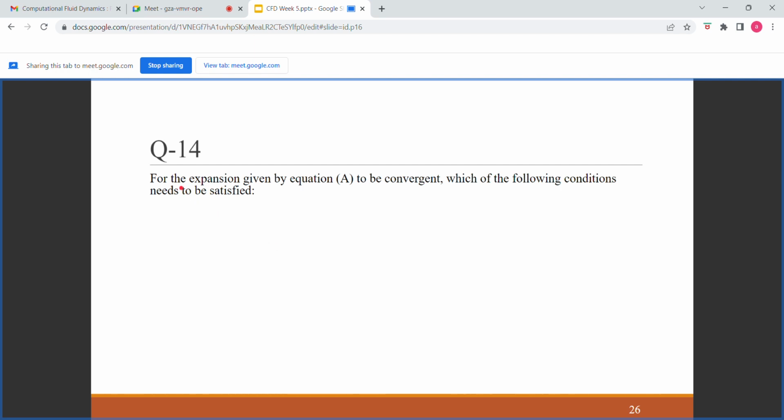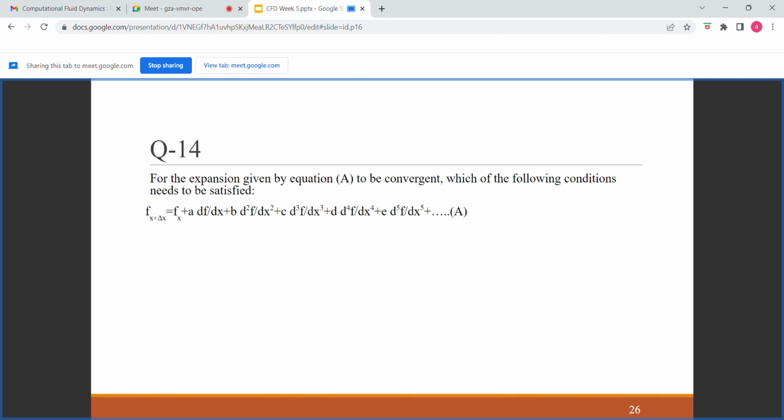For the expansion given by equation A to be convergent, which of the following conditions needs to be satisfied? Equation A is f of x plus delta x equal to f of x plus a df by dx plus b d square f by dx square plus c d cube f by dx cube plus d times the fourth derivative plus e times the fifth derivative.